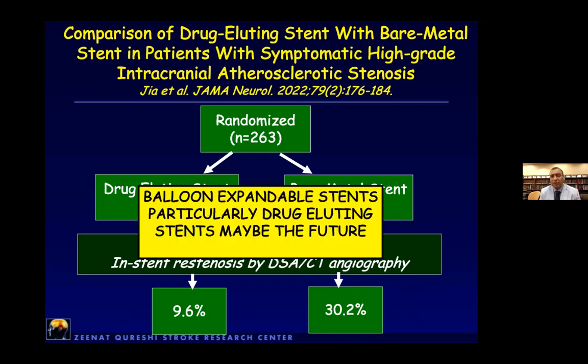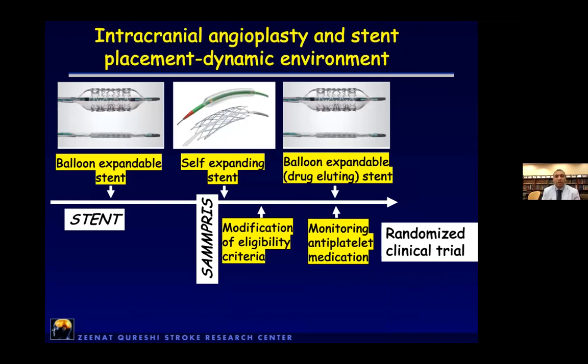So I think this trial highlights what most interventionists have already started to believe, that balloon expandable stents, particularly drug-eluting stent, may be the future of intracranial stent placement. If you look at where we have started and where we've gone with intracranial stent placement, in the 90s, we started with balloon expandable stents.